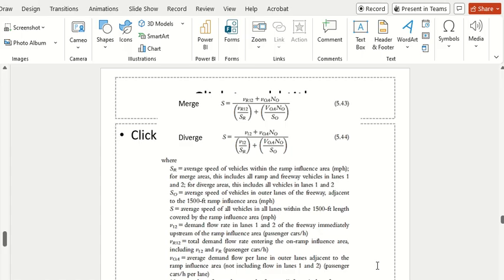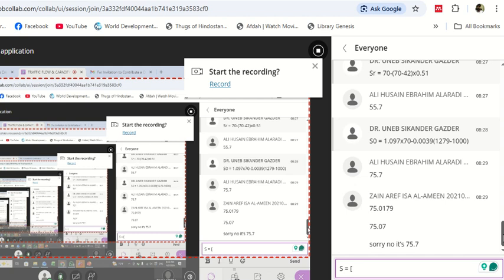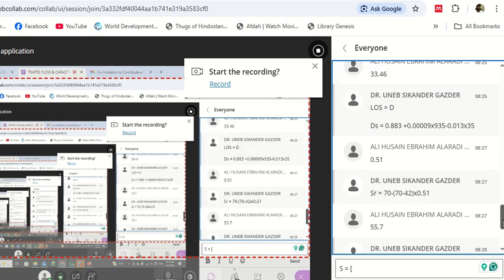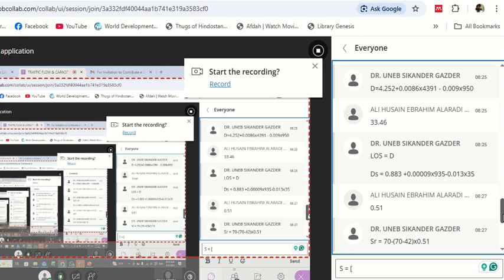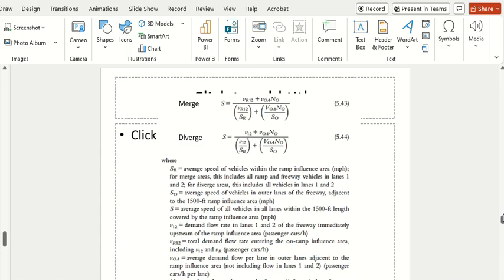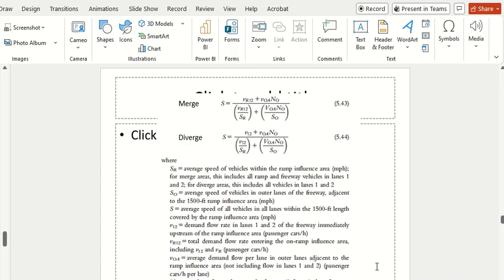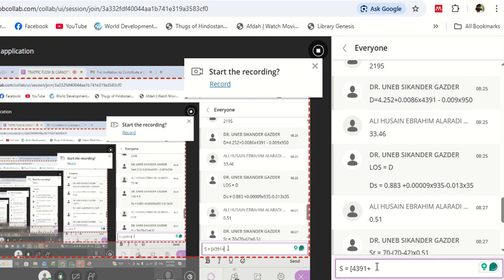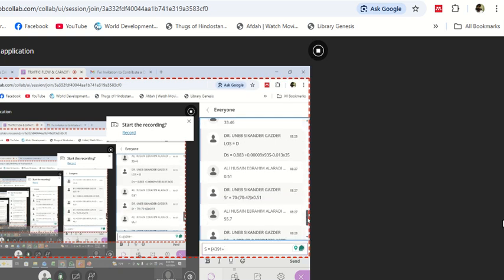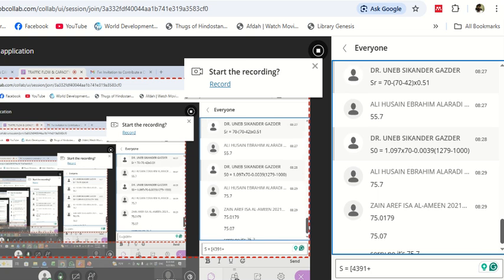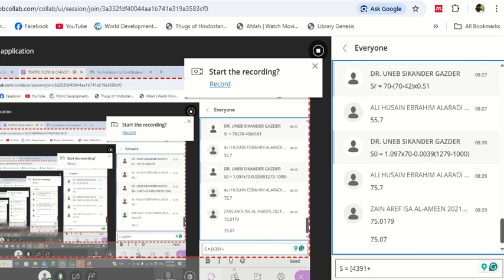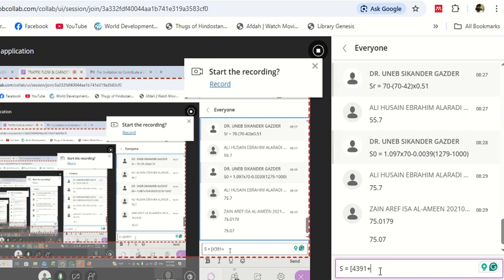Moving on, V12 is 4391 plus the outer lane, which is 1279 multiplied by number of lanes, which is 1. 1279 multiplied by 1, so it doesn't matter.